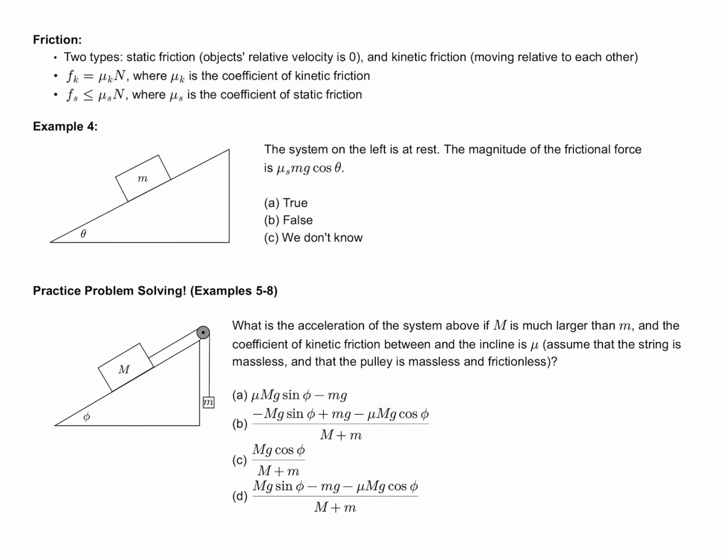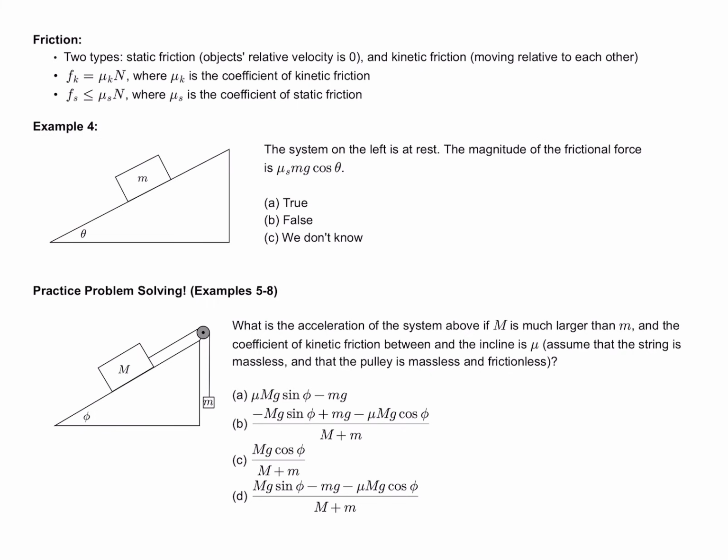There are 2 types of friction, namely static, when the objects' relative velocity is 0. This is important to consider. The objects could be moving, and there are many scenarios where they are, but if their relative velocity is 0, meaning they have the same velocity and the same acceleration, they're at rest with respect to each other, and we consider it static friction.